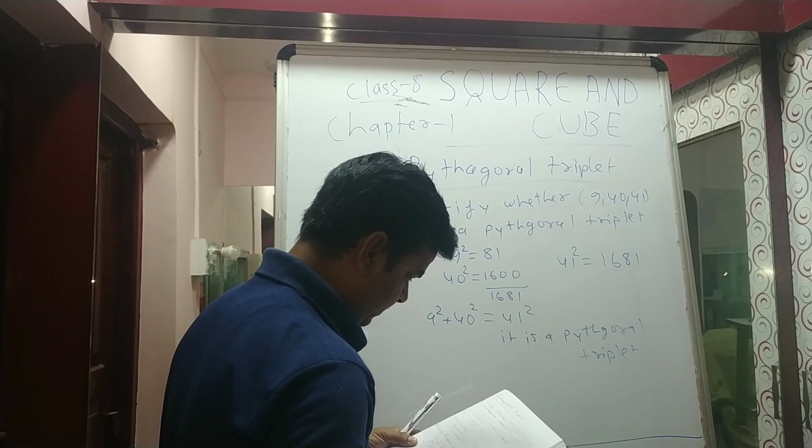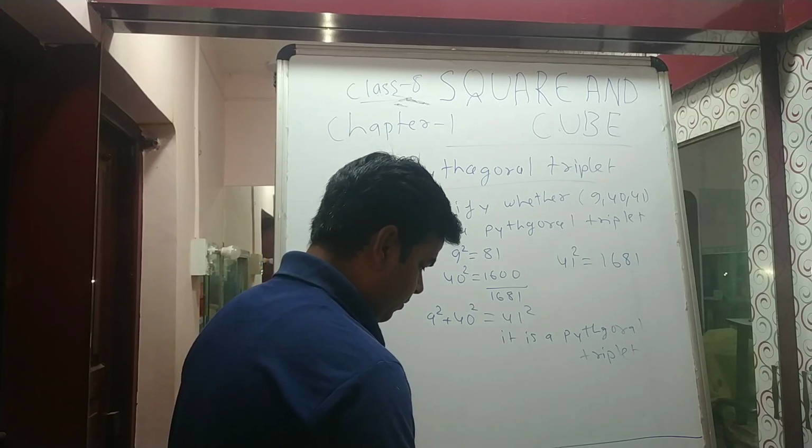Next topic is making perfect square from a number.